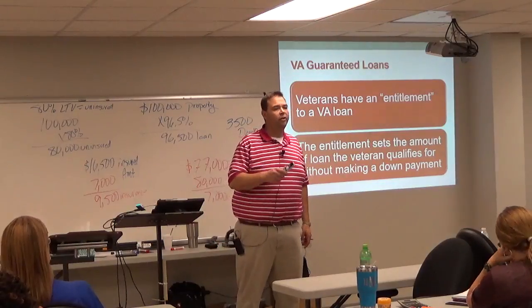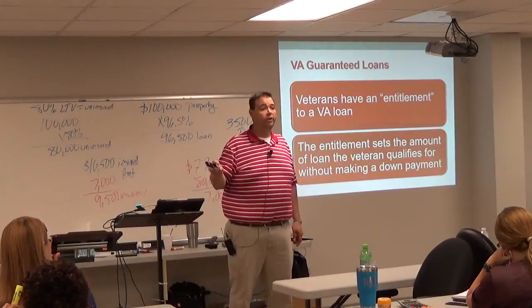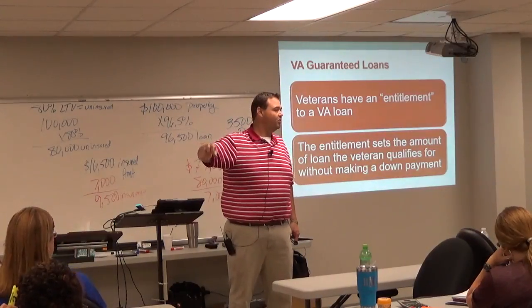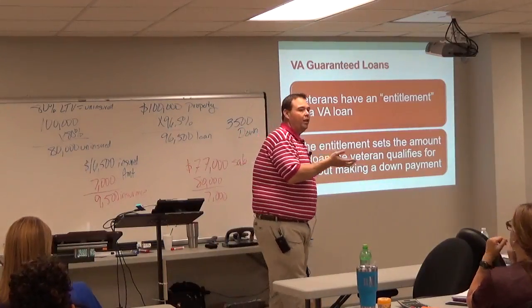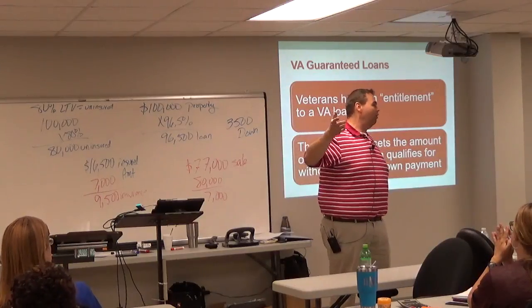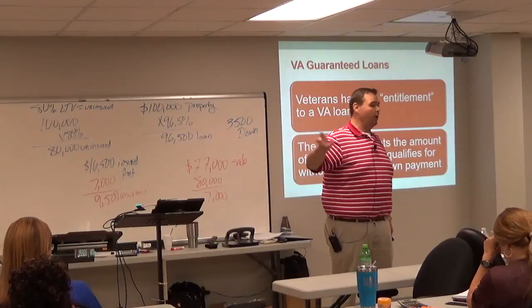Because if that veteran allows Teresa to assume their mortgage, their token's still tied up with that mortgage. Does that make sense? Their token is still cashed in, so that veteran can't go get another VA loan until Teresa pays that loan off, or refinances it and pays it off that way, or sells the property and pays it off.